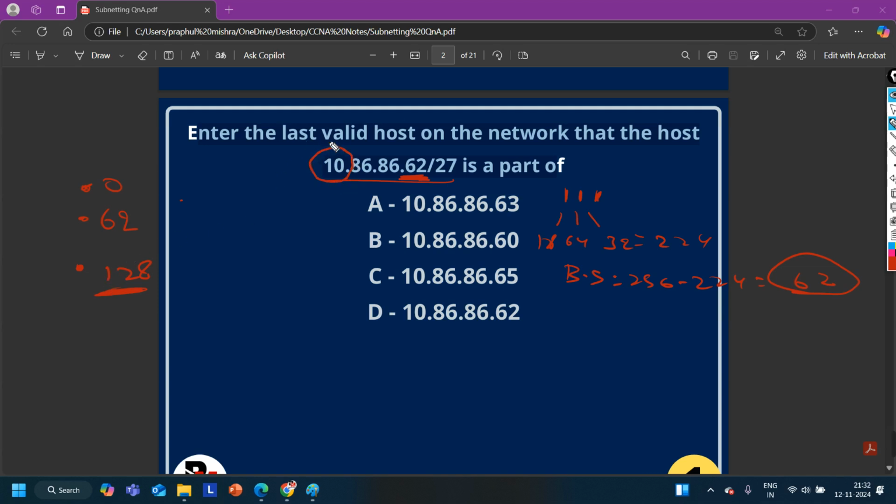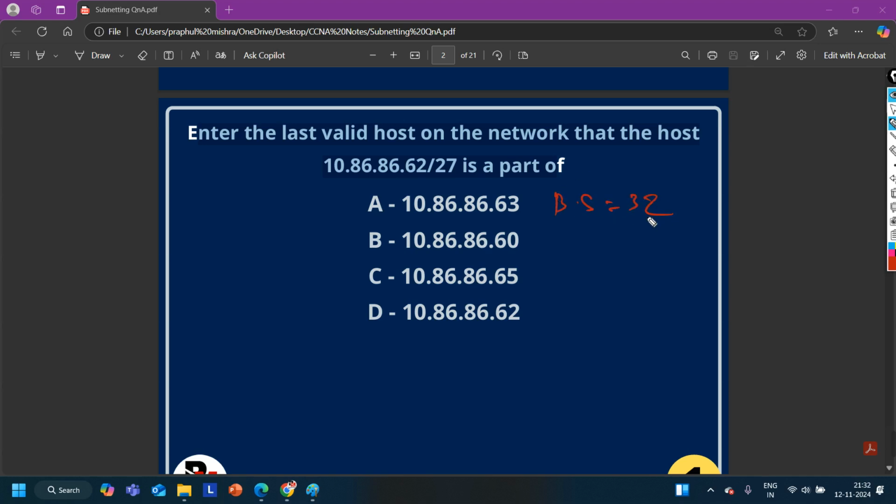Check this value. Block size is 32. First subnet .0, second subnet .32.